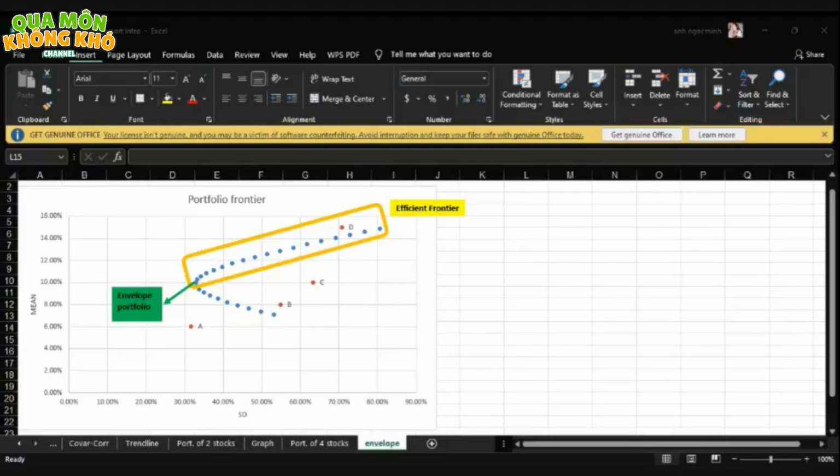However, if you comprise only one stock, you have only one standard deviation, the point is fixed, and it is no longer efficient. That's what I think. Okay, thank you. So I think that is the right answer in this case. Okay, thank you.